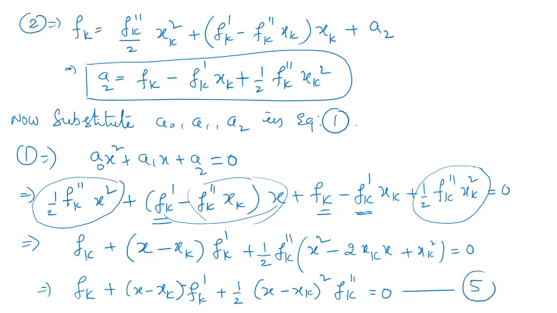This is equation 5. It is clearly like the Taylor series formula: fk plus x minus xk into f dash k plus x minus xk whole square by factorial 2 into f double dash, and so on. So it is the Taylor series expansion up to second degree, neglecting higher derivatives. And this equation 5 is a quadratic equation.